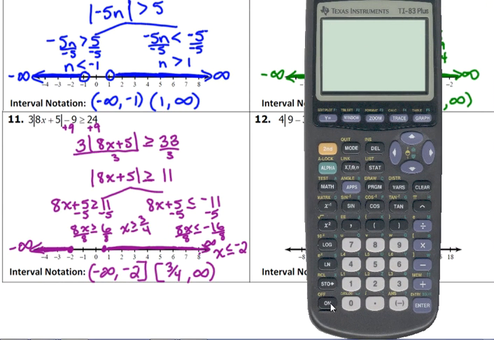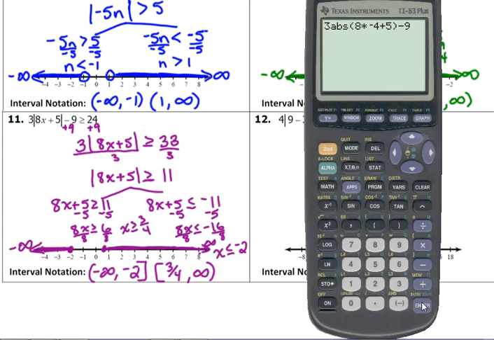Somebody give me a number that's between negative infinity and negative 2. Negative what? 4? Negative 4. All right. Let's go with negative 4. So let's plug it in. 3 times the absolute value of 8 times negative 4 plus 5, close it, minus 9.